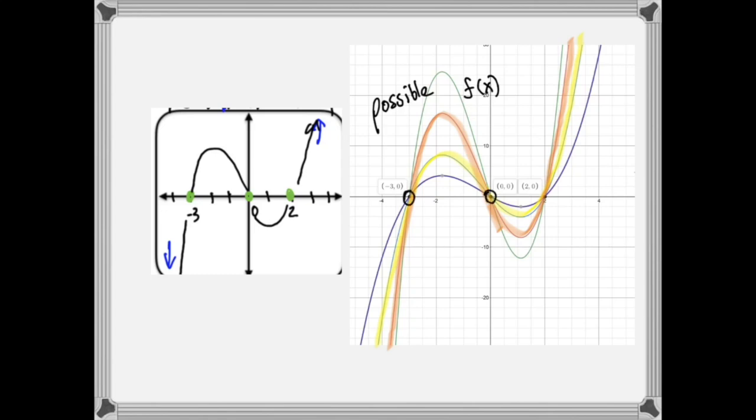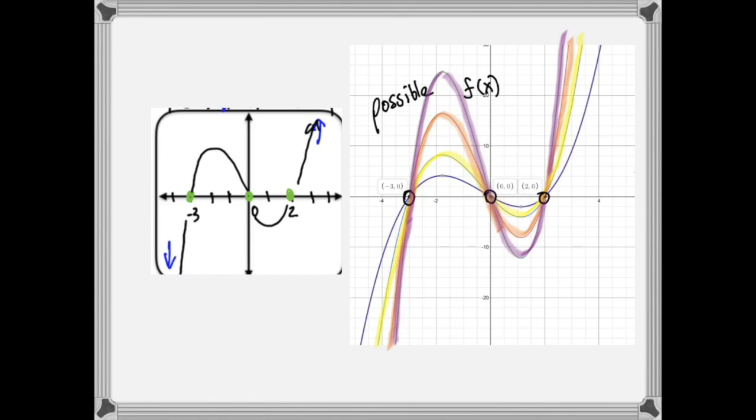Notice that these remain the same, okay? So our zeros are going to remain the same. And if I were to multiply it by 3, going like this, it's going to make things go higher and lower. And notice that it also is going to have the same x-intercepts, or zeros.